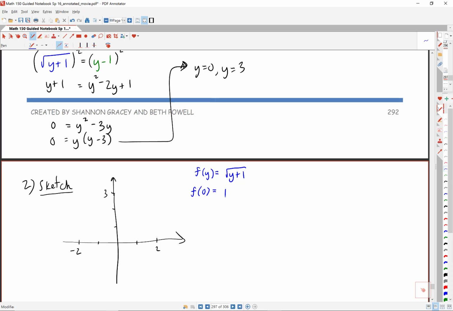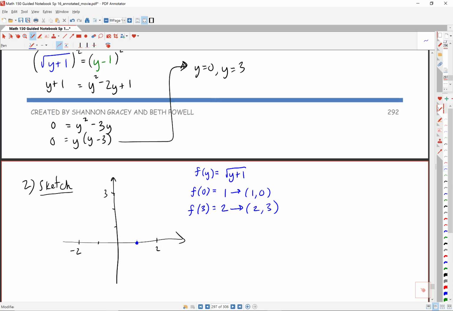We also know that if we put in f at 3, let's see what we get. So that'd be root 3 plus 1. So that would be 2. So remember, these are x values. So this gives us the ordered pair 1, 0. So be careful about that. And this one gives us the ordered pair 2, 3, because those are functions of y. 1, 0 is here.